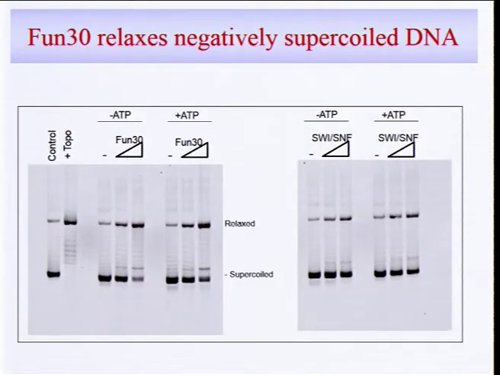What you can see is that with increasing concentration of FUN30, this band decreases and that band increases, meaning that basically negatively supercoiled DNA has been relaxed by FUN30. This does not seem to be ATP dependent, or in fact may be inhibited by ATP to some extent.